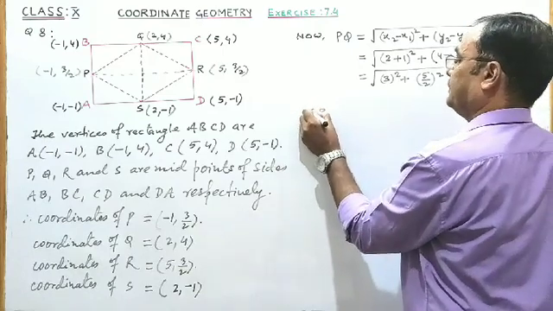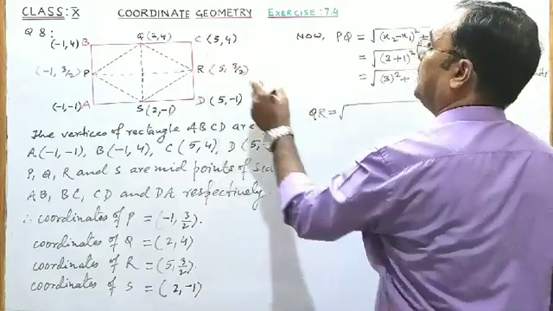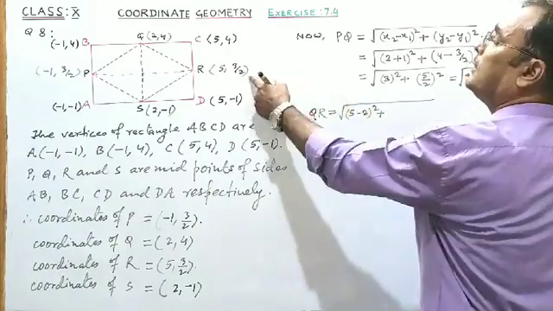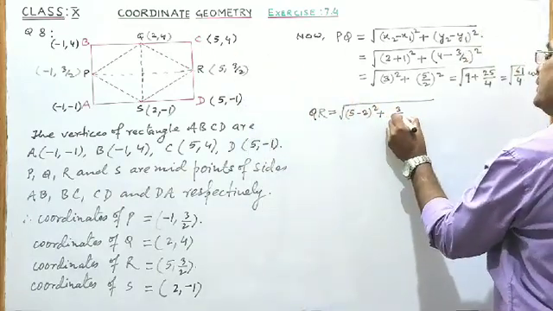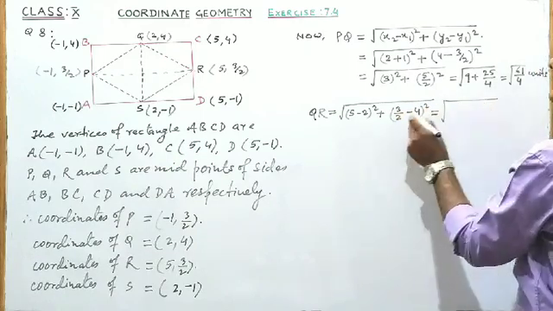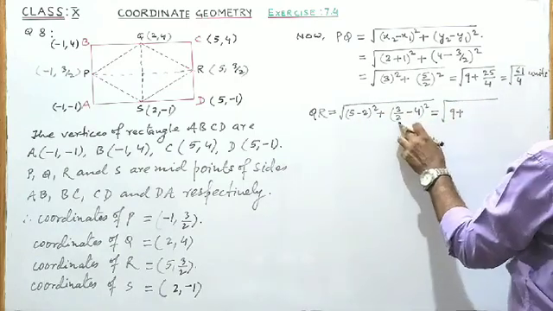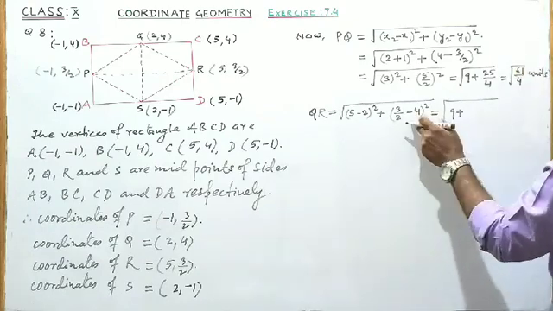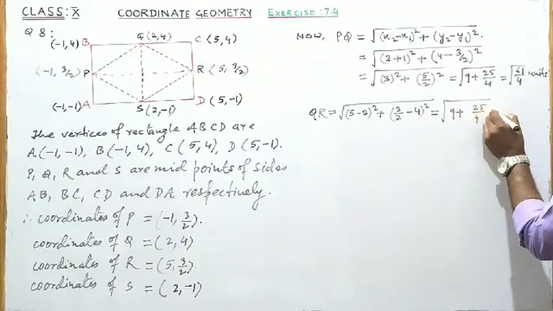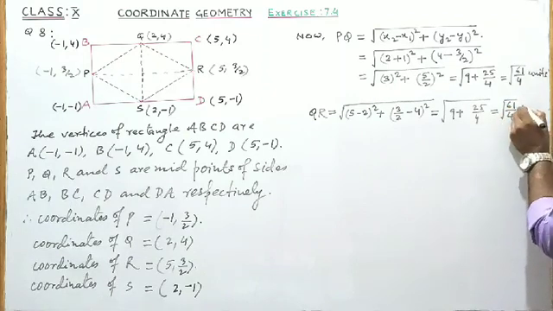Now QR is equal to the square root of (5 minus 2) whole square plus (3 by 2 minus 4) whole square, equal to the square root of 9 plus (3 minus 8) by 2 whole square, 25 by 4, and this is equal to under root 61 by 4 units.